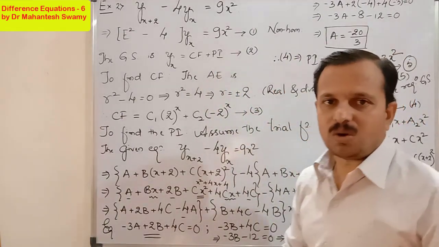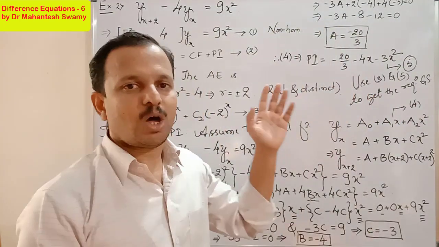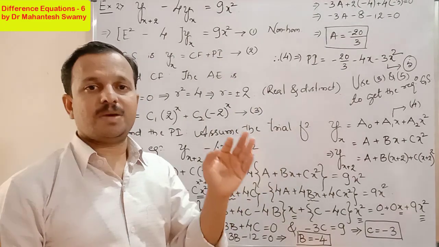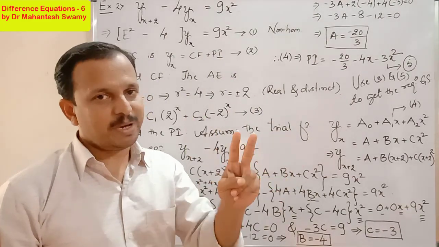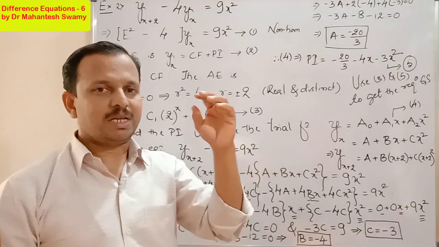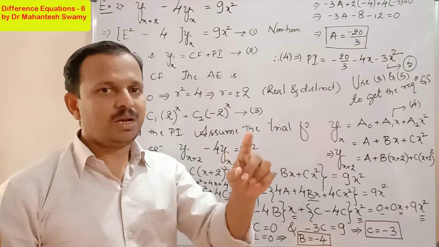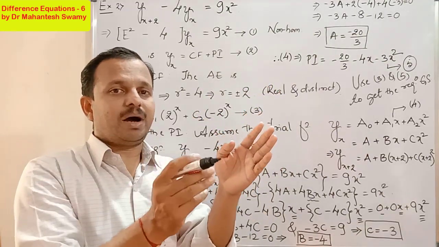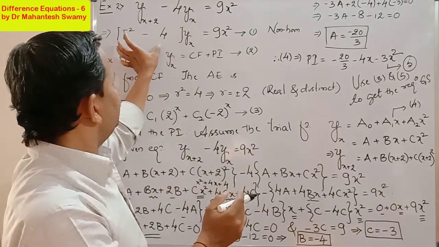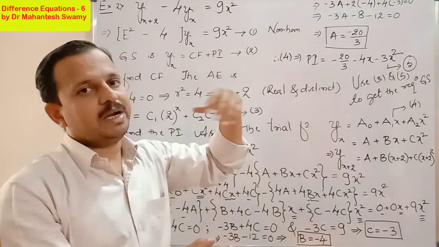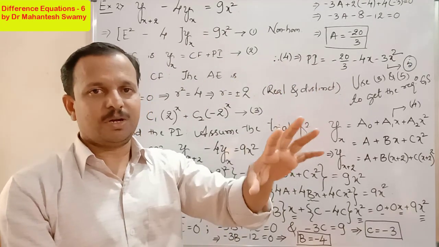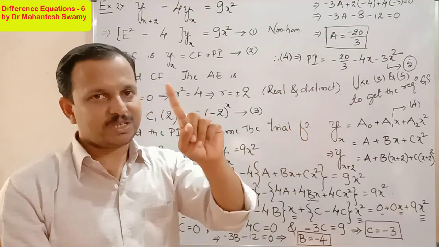So this is how one can solve the given non-homogeneous difference equation when the right hand side function is a polynomial function. I have explained both the methods. In method 1, we write the particular integral as 1 divided by this entire function, evaluating the right hand side and getting the particular integral, in the first example.